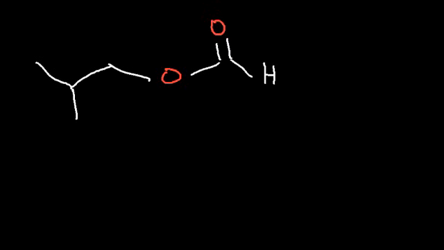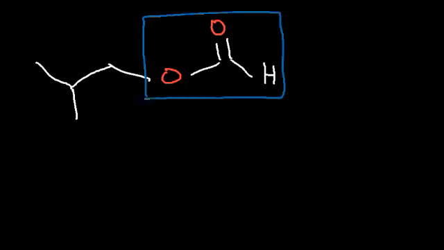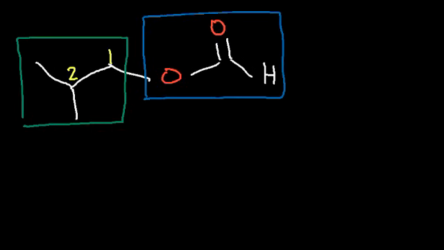Go ahead and work on this example. So on the left, we have a 3-carbon chain and a methyl on carbon 2. And it doesn't have the 2 oxygen atoms, so this is the first thing we're going to name.